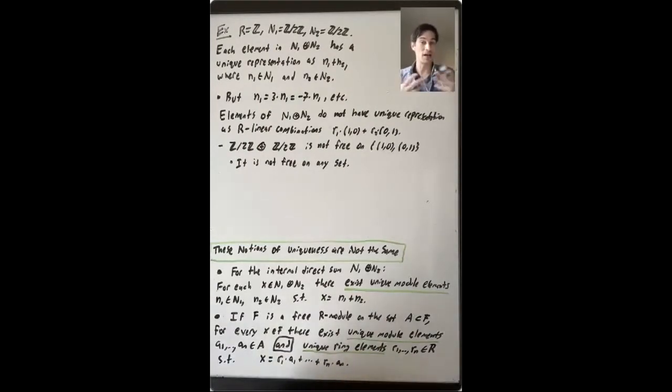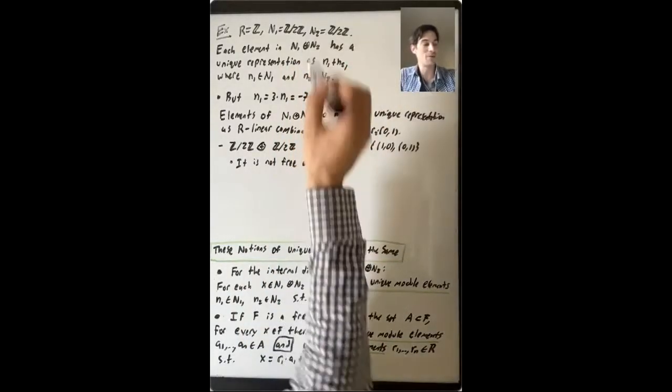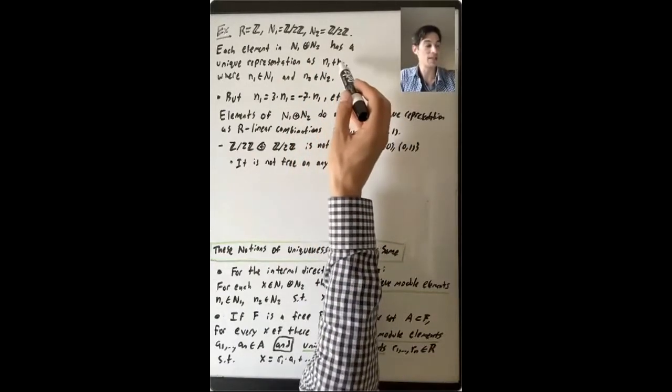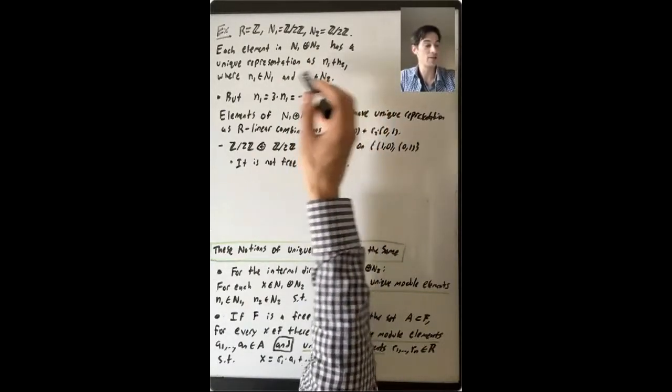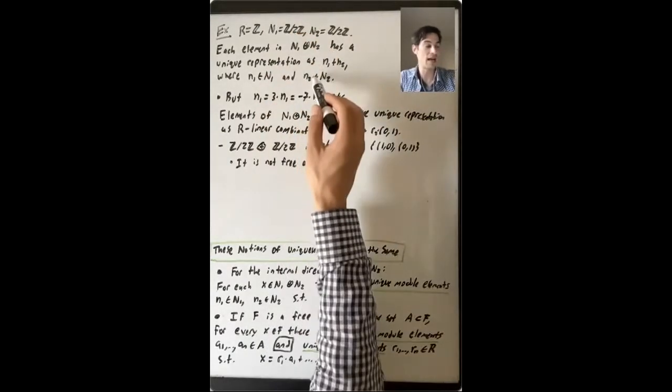This is just like what we have seen for groups when we talked about internal and external direct products of groups. So every element in N1 plus N2 has a unique representation as n1 plus n2, where n1 is in the first of these submodules and n2 is in the second.